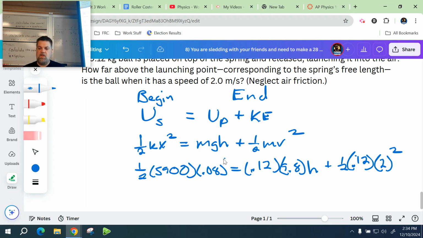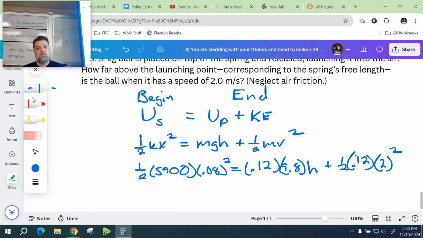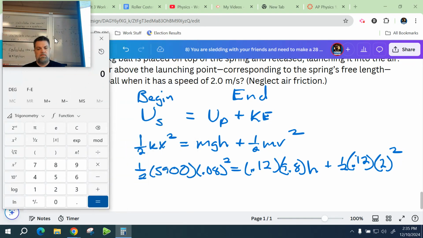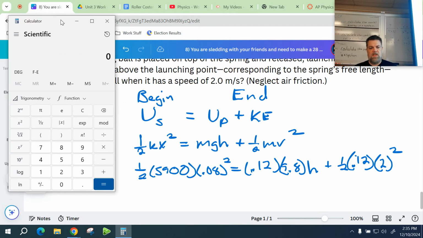Let me just make sure I'm doing everything right. So let me pull up my calculator so we can plug all these in. So 0.5 times 5,900 times 0.08 squared is 18.88.